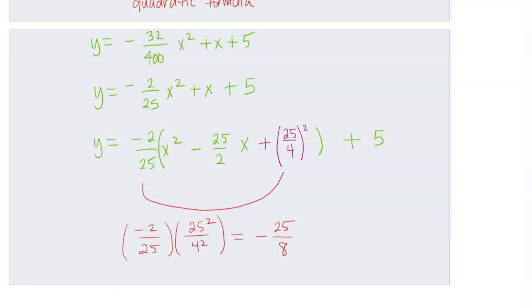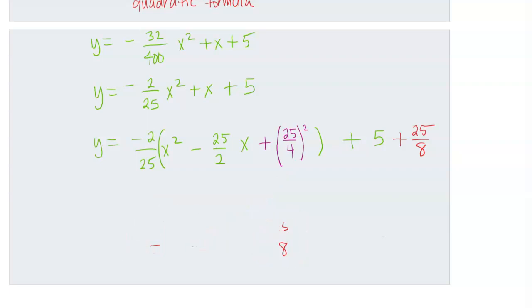So I think I'm going to add 25 over 8 here to balance this out. I figured out that it's a negative 25 over 8 that got added in overall net in the parentheses, so I have to add that into the outside to balance everything out. All right. So that coefficient is still sticking around on the front here.